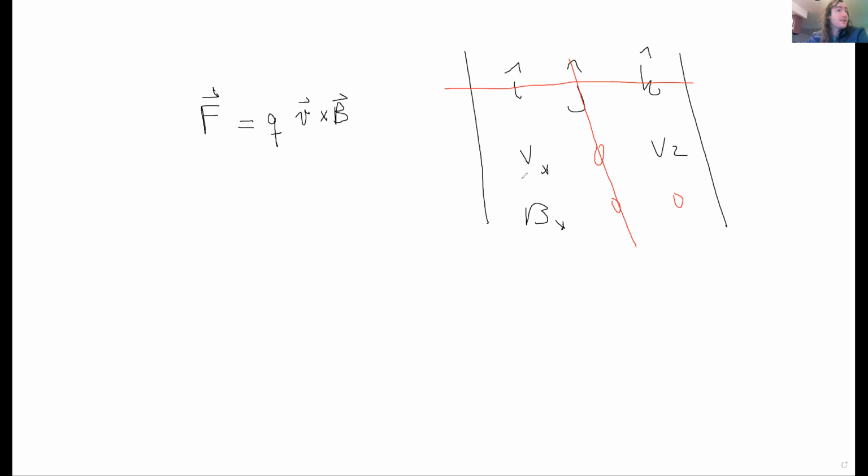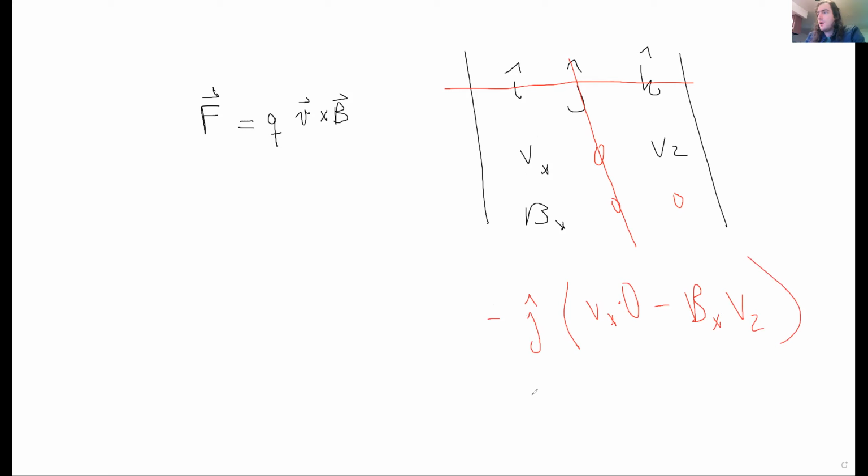Because obviously this thing is spiraling, so the components are going to change. But at this instant in time that we're interested in, only the J component is going to survive. So you'll end up with minus J hat times the determinant here, Vx times 0 minus Bx times Vz.